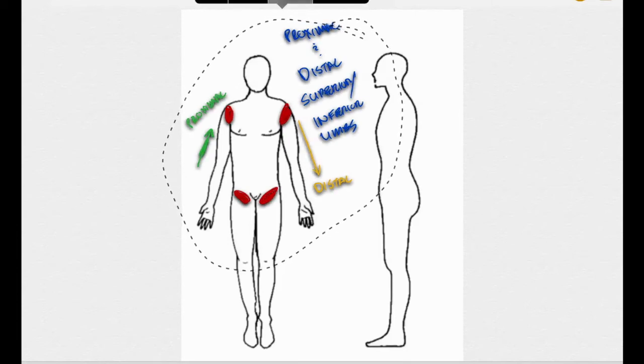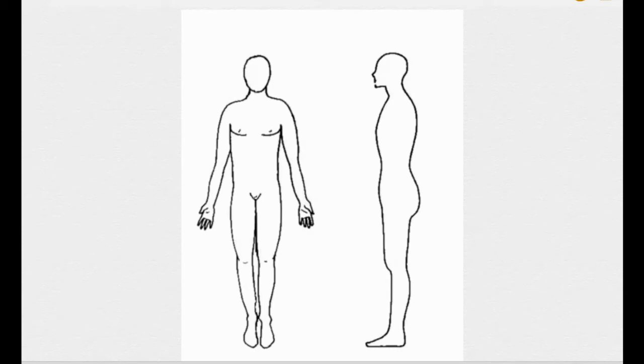Other directional terms. You have superficial or external, and deep or internal. So superficial is the same thing as external. For example, my skin is more superficial than my heart, meaning the skin is more external, it's closer to the outer surface than my heart is.